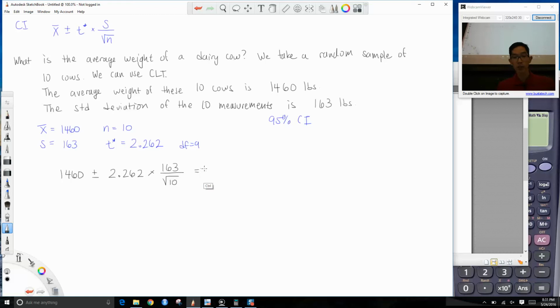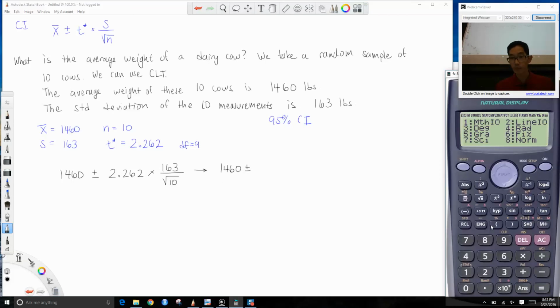So let's do the math here. We'll do 1460 plus or minus 2.262 times 163 divided by the square root of 10. I got 116.6, so I'm just going to round off to there.